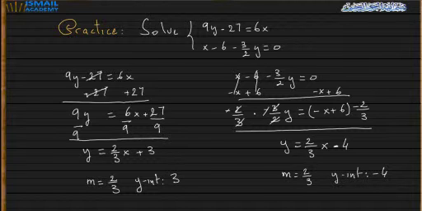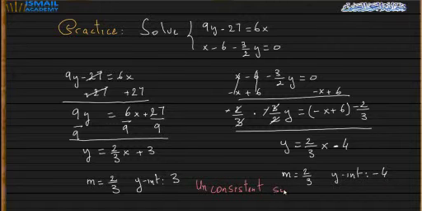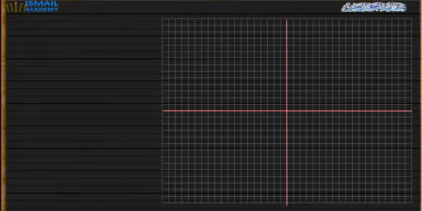So we have an inconsistent system, which means no solution. The lines will be parallel, so we're going to graph both equations.